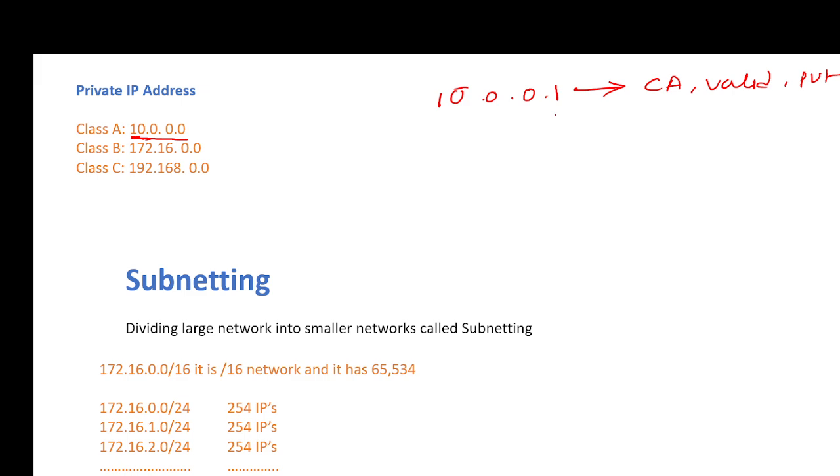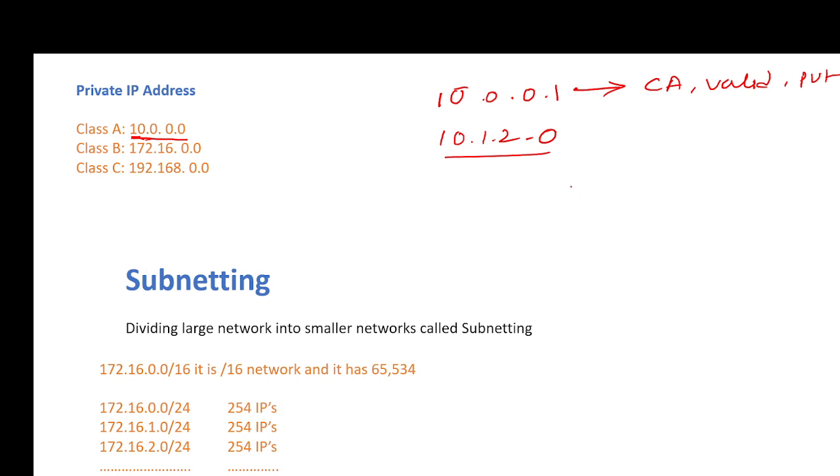Yes, sir. That's why it's a valid IP. But if you write 10.1.2.0, this is not an IP address, because at the end you have 0. 0 is not a host number, it is a network ID. That's why you see the last 0 everywhere.